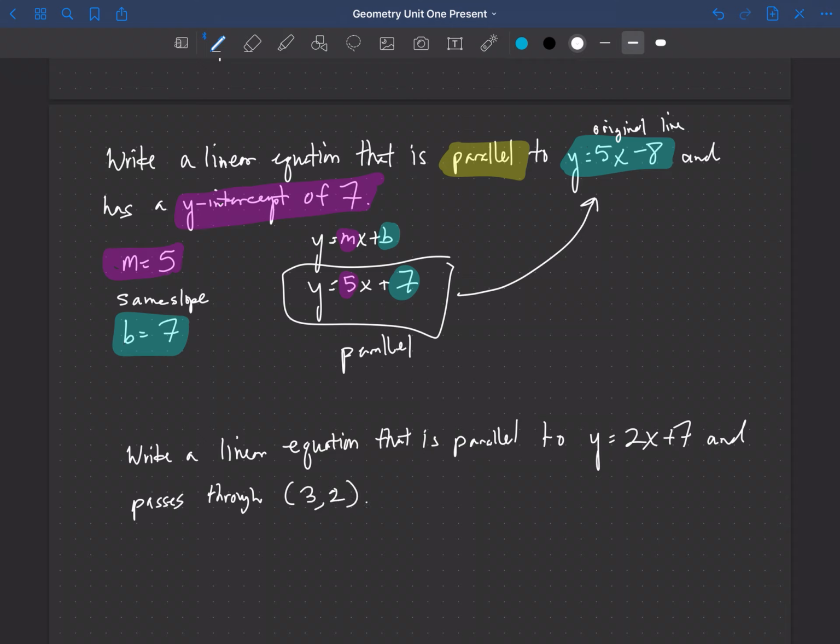Okay, so this point is not a y-intercept. This point is just a random point on the line, and we're going to use it to help us find the y-intercept somehow.